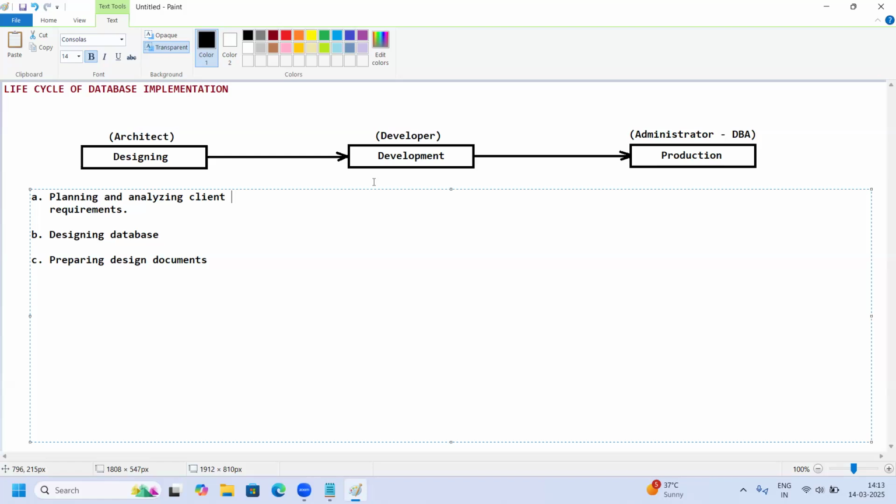Then in my absence, whoever new architect joins the company should be in a position to know till where the designing is completed and from where he is supposed to continue the design of the database. For that reason, the company will make the architect document the design part.